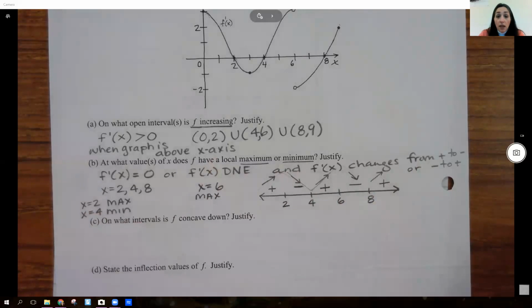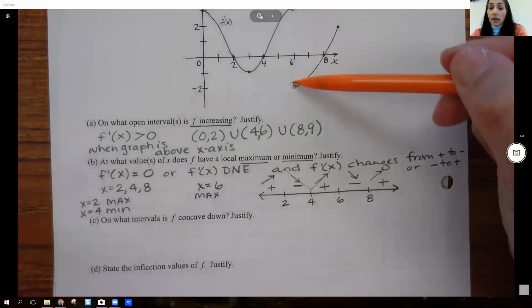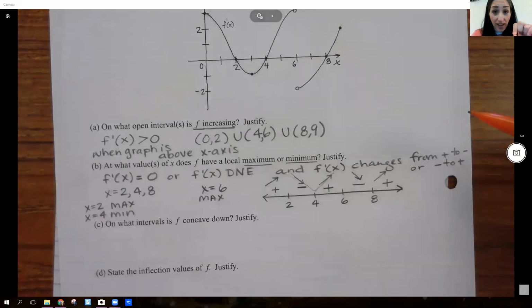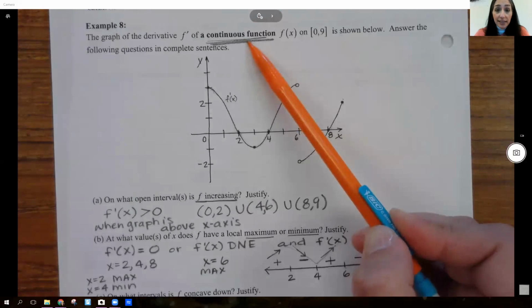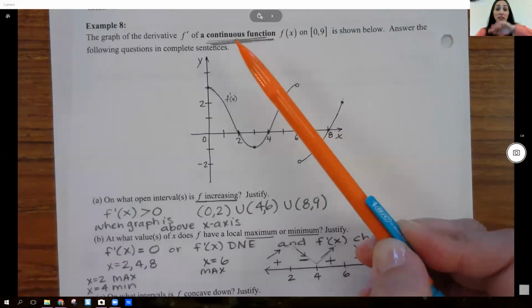Okay? Now you might be thinking, how can we do that? There's no point at 6. There's no derivative at 6. But there is a point on the original function, up here, because this is continuous. So what does that tell me? That tells me it must be like a cusp.